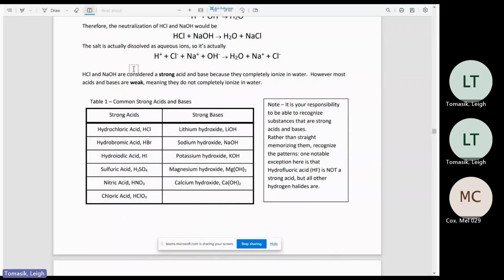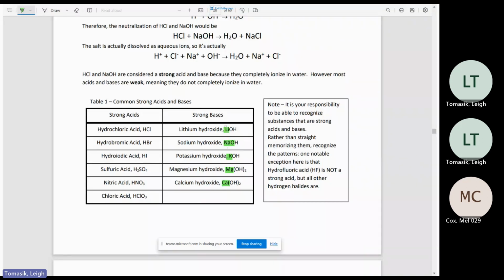here, okay? Remember that a quick way to remember whether a base is strong is it starts with one of these. These three are group 1 elements: lithium, sodium, potassium, and magnesium and calcium are in group 2. But it's only magnesium and calcium for group 2 that make strong bases, really.